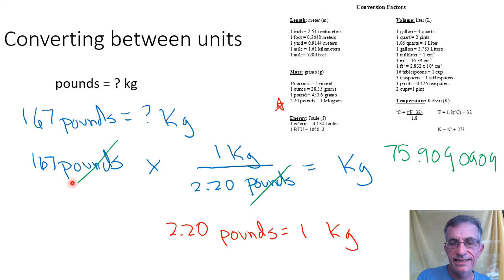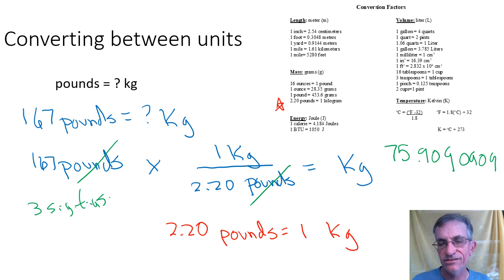This number right here has 3 sig figs. So the way I would get 3 in my answer is to round this to 75.9. That would have 3.